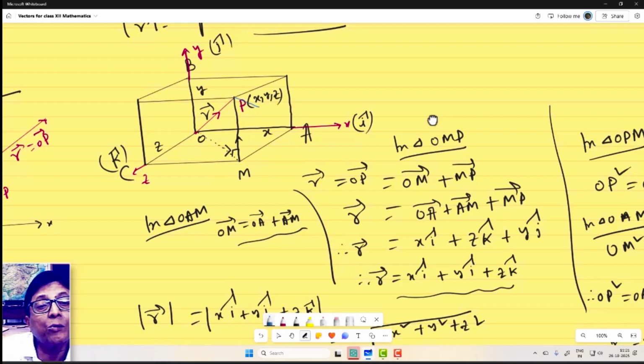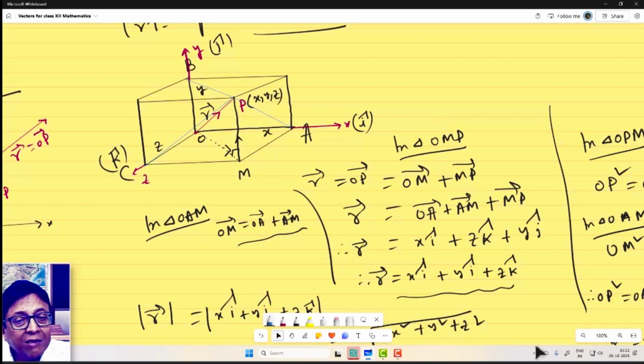That perpendicular will go to A on the x-axis, to B on the y-axis, and to the point C on the z-axis. Is that clear? I am going to define the angles made by the vector with the x, y and z axes, one by one.